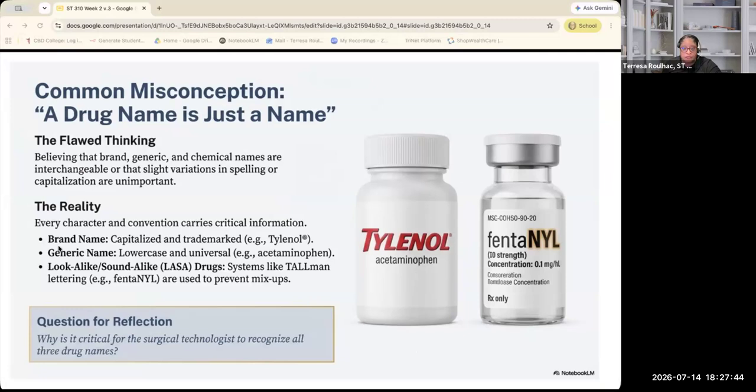Also, notice your brand names are going to be capitalized as opposed to your generic names, lowercase. Look alike, sound alike systems like Tall Man lettering, look at the lettering, you have fentanyl. They're used to prevent mix-ups. Really important.